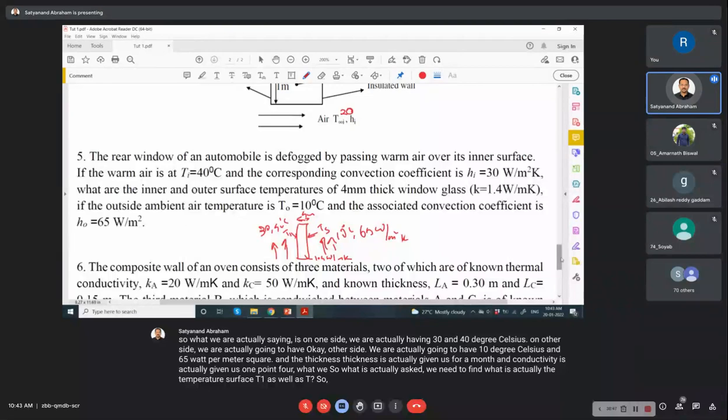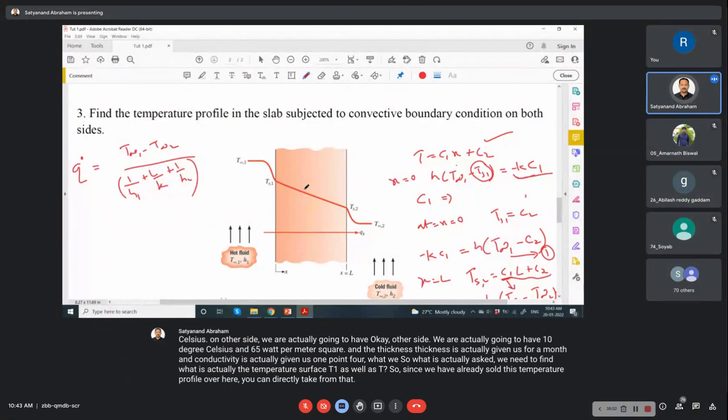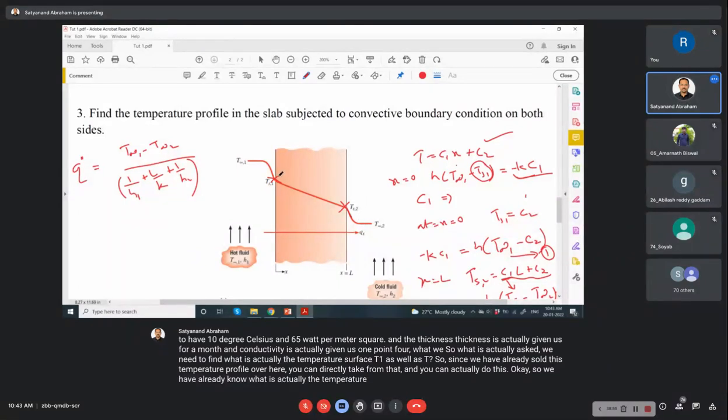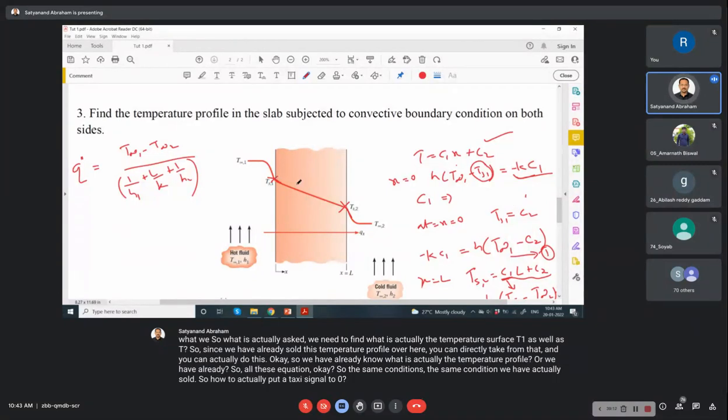Since we have already solved this temperature profile, you can directly take it from that. We have already solved this equation for the same condition. So we have to put x equal to 0 and see what value comes.